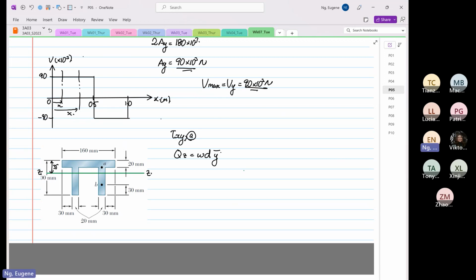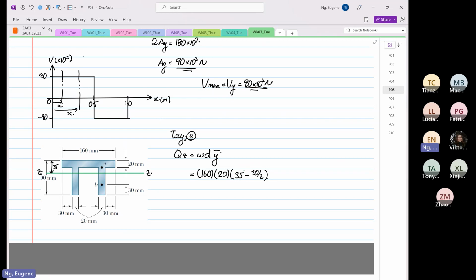Which is equal to width, depth, y bar. So we know that the width, if you want to work in millimeters first, you can. The width is 160. The depth is 20. The y bar is 35 minus 20 divided by 2.